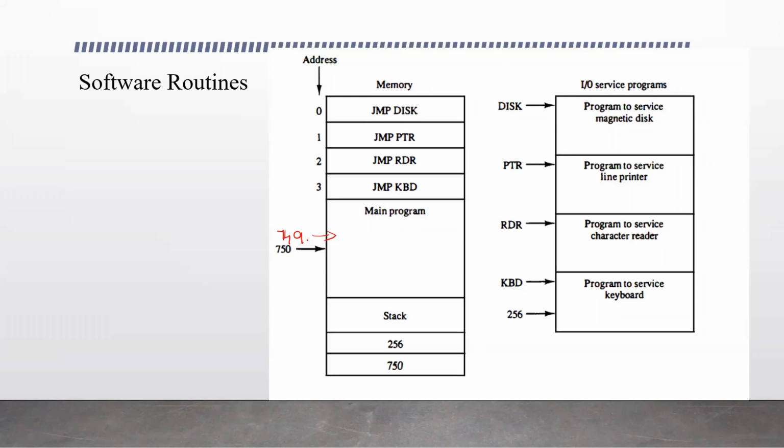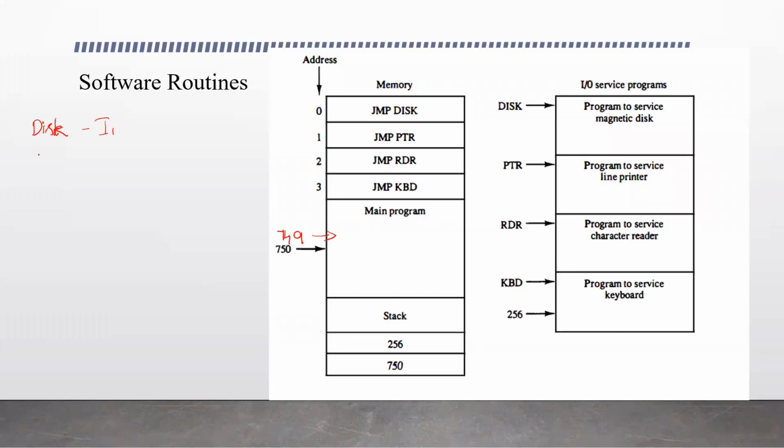The devices connected to the CPU are the disk, let's say I1 is the interrupt initiated by the disk, the highest priority device.